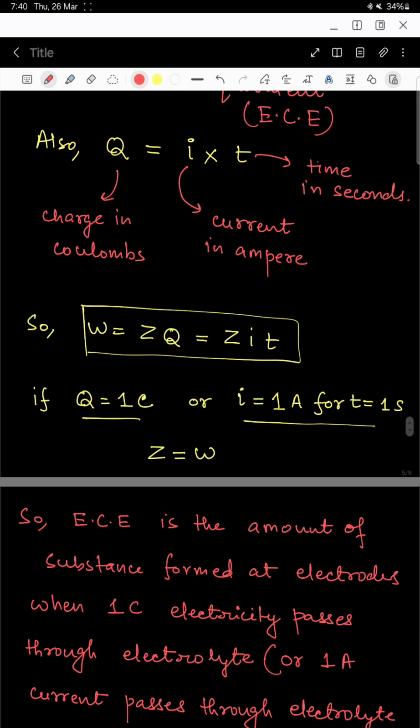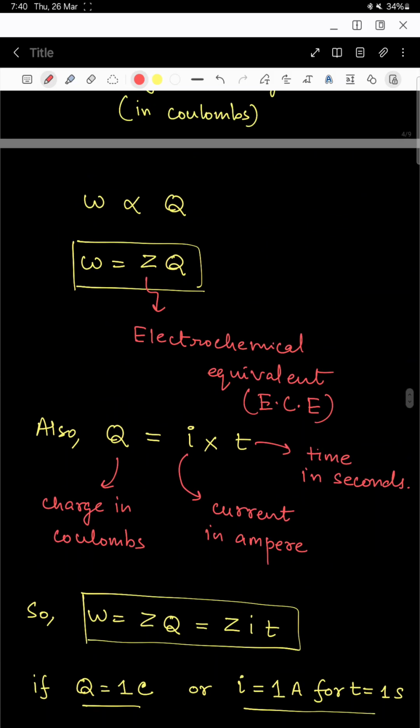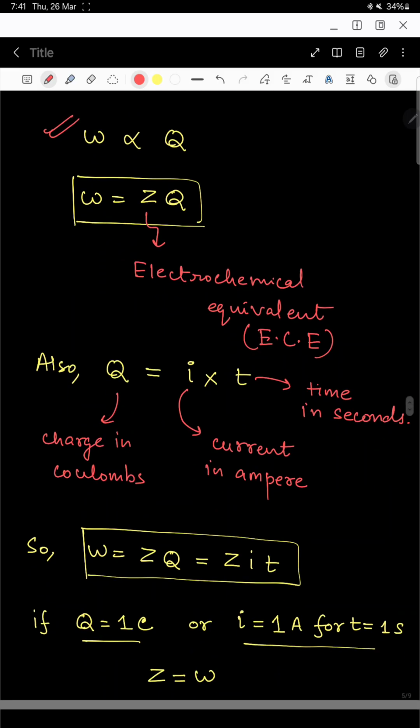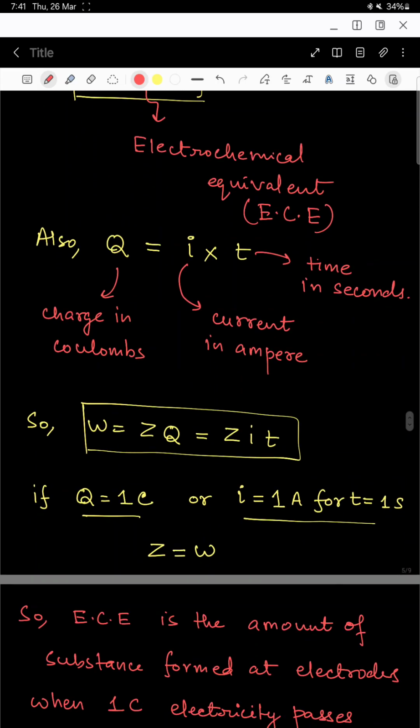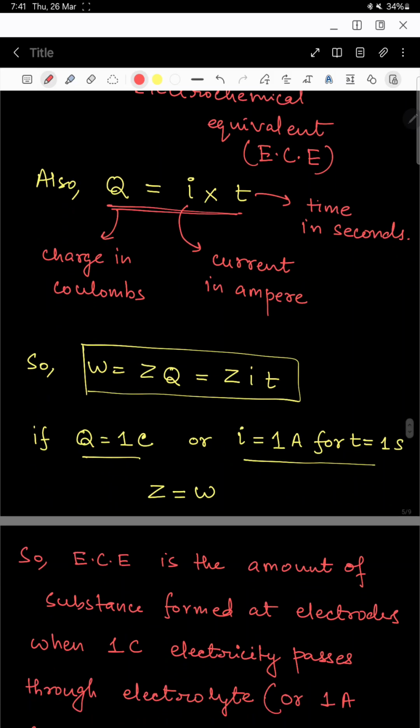So Faraday's law: the mass or amount of substance formed at an electrode is directly proportional to the quantity of electricity passing through the electrolyte. When we write equal, we get a constant Z, that is also called electrochemical equivalent. Charge can be written as current into time, Q is equal to It. So we get W equal to ZQ or ZIt.